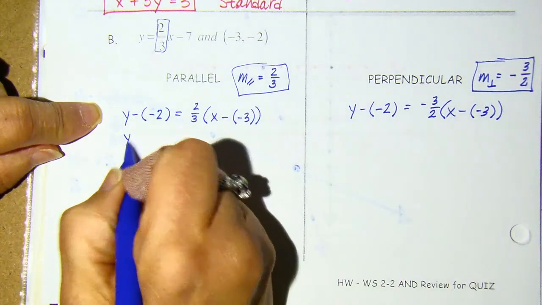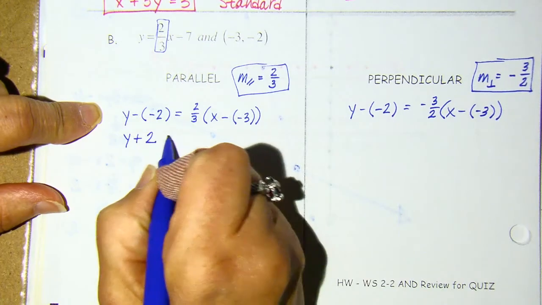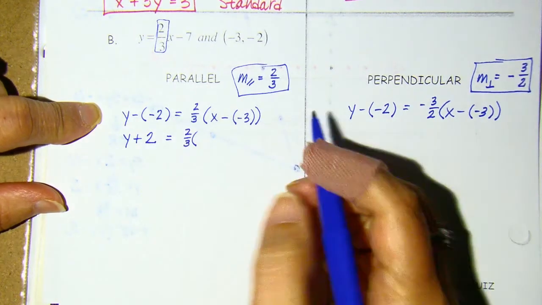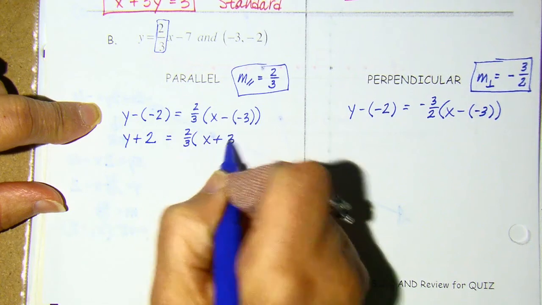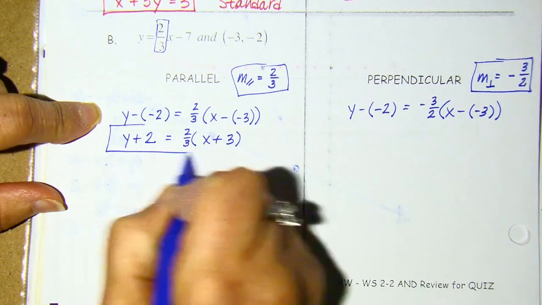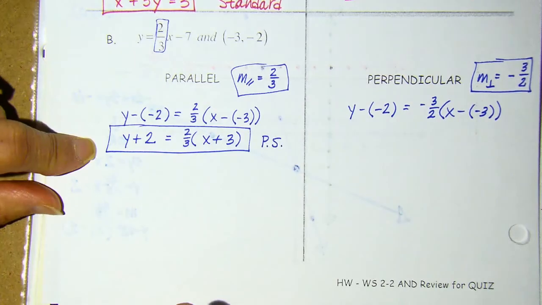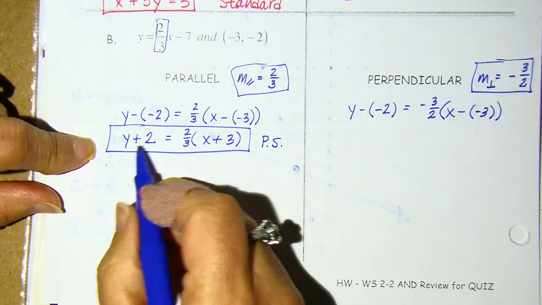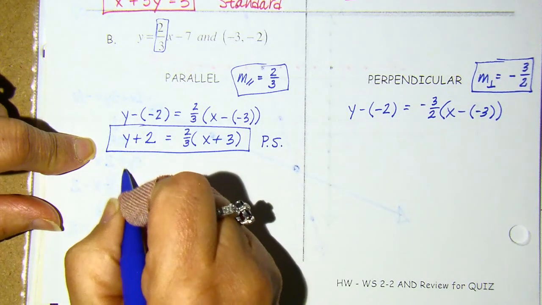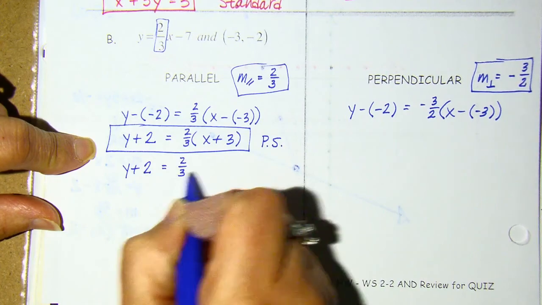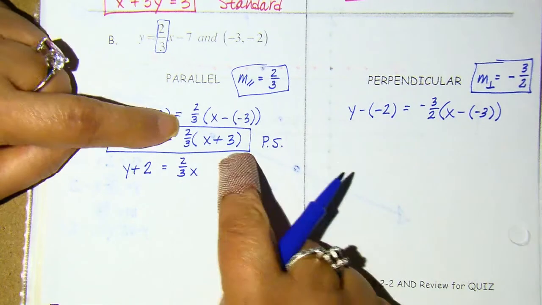This becomes y plus 2 equals 2/3. Now remember, we never distribute the slope in for point slope form. This is x plus 3. I am finished with point slope form. Distribute and get the y by itself for your slope intercept form. y plus 2 equals 2/3 x. Well, look at here.